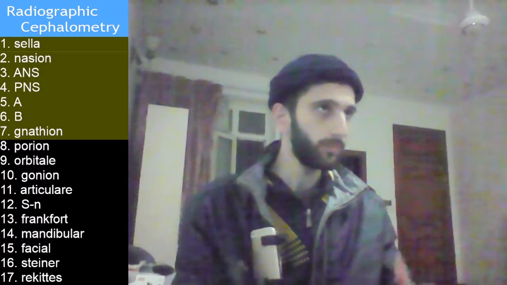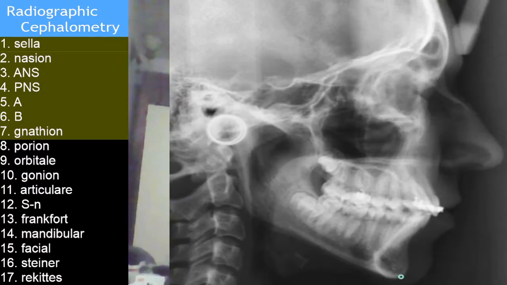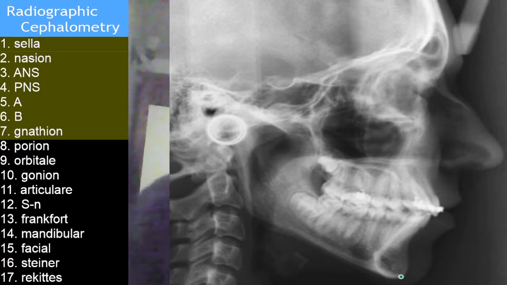It is the most outward and everted point on the profile curvature of the symphysis of the mandible.